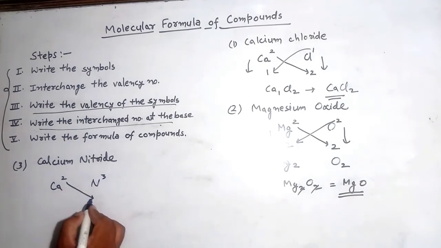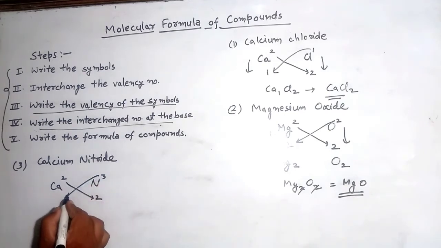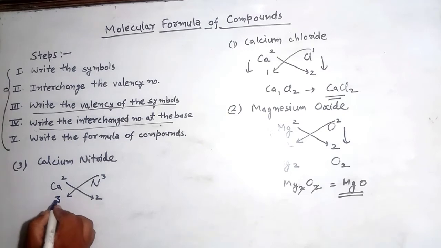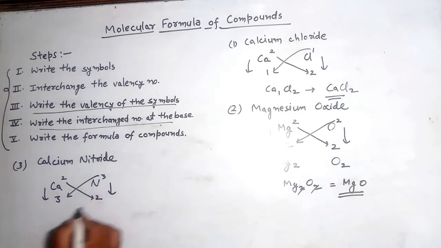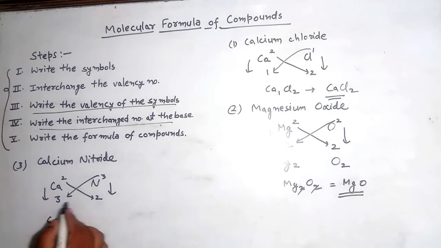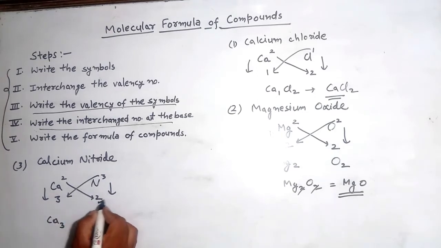This valency we will write below nitrogen and this valency we will write below calcium. So it will become Ca3, and N with 2 in the base. On combining this, it will become Ca3N2. This will be the formula for calcium nitride.